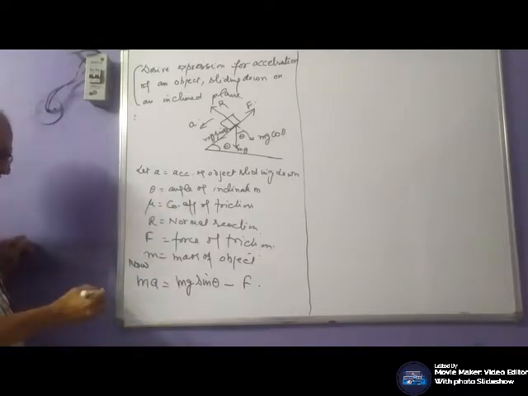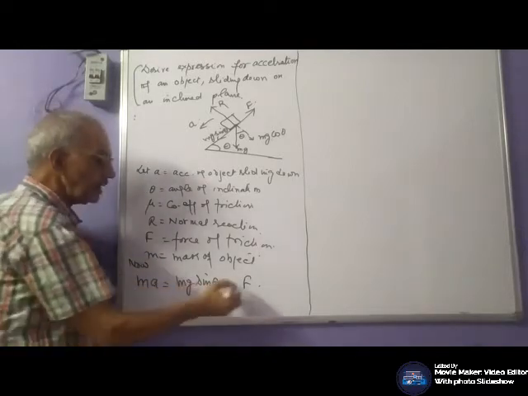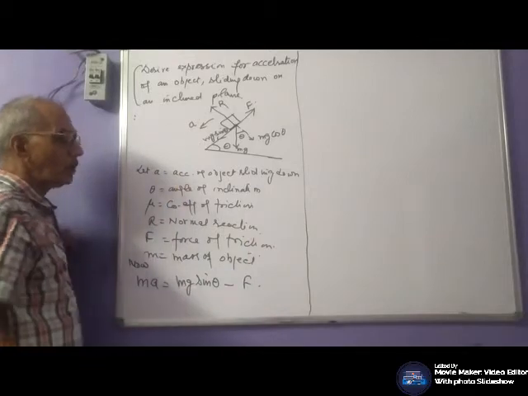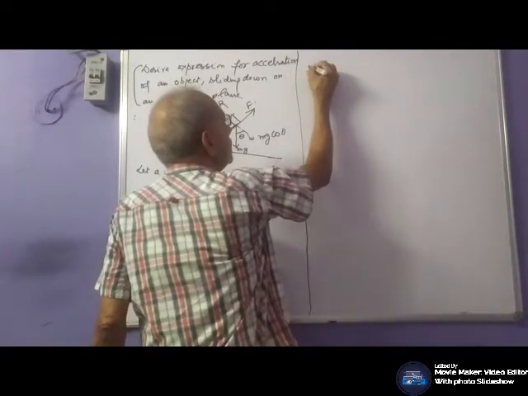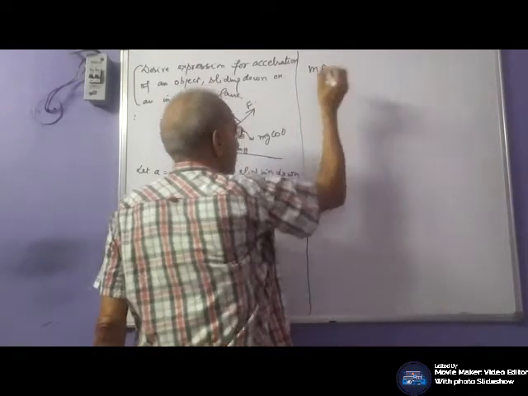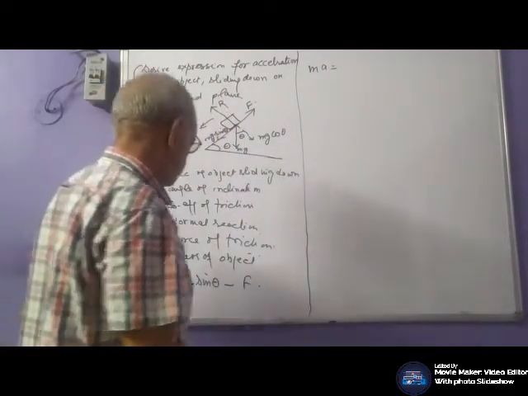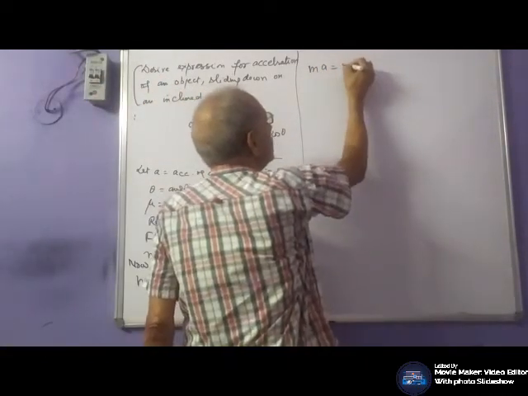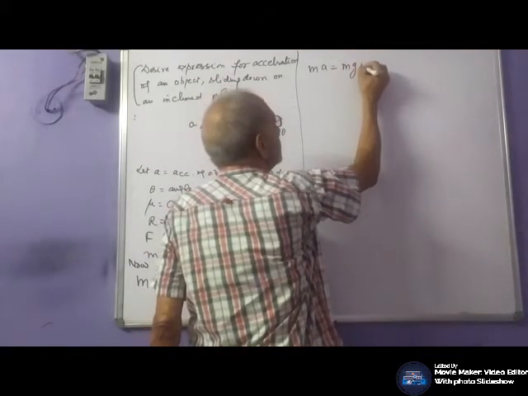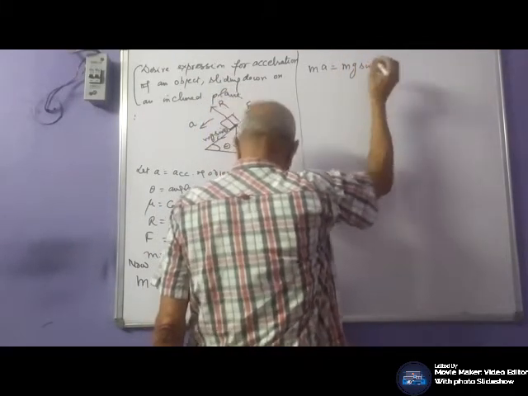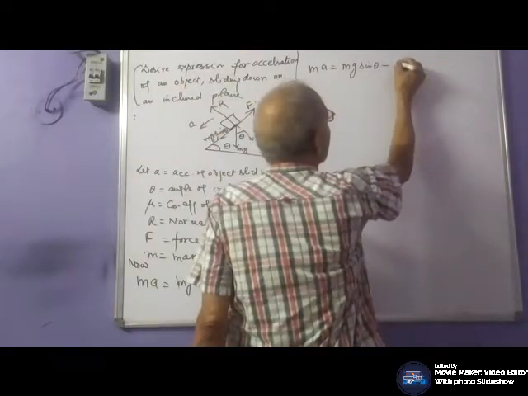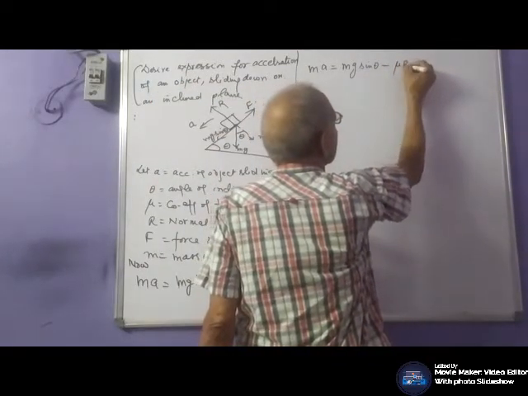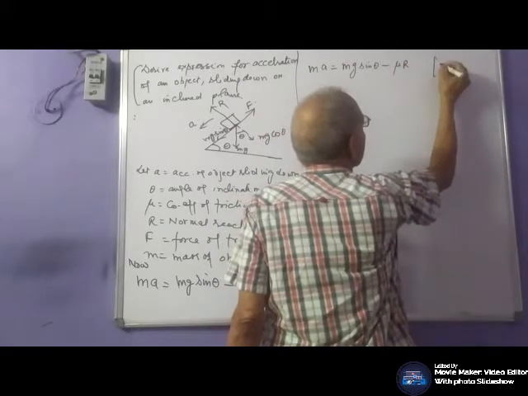This is ma, this is a net downward force here according to figure, or it is ma equals mg sin theta minus mu R. Why?